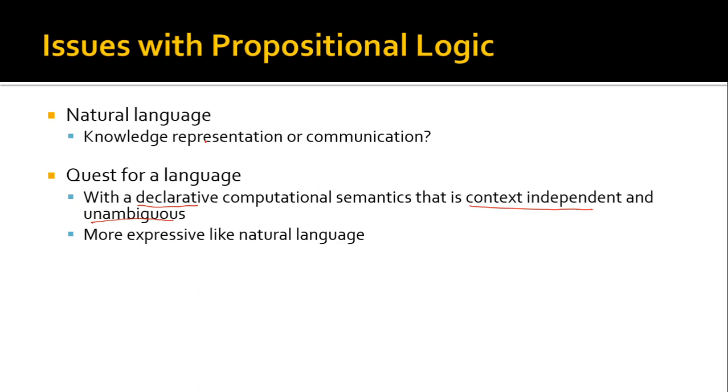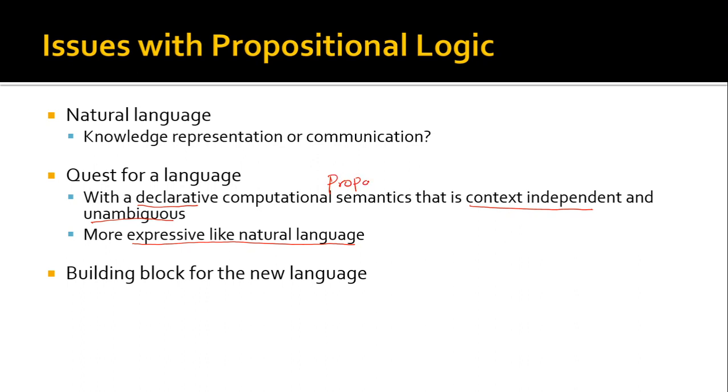In the quest for this language, apart from features like being declarative, context independent and unambiguous, it should also be as expressive as natural language. This is the other requirement. What we know is that propositional logic provides features like being declarative, context independent and unambiguous, but it is not as expressive as natural language.